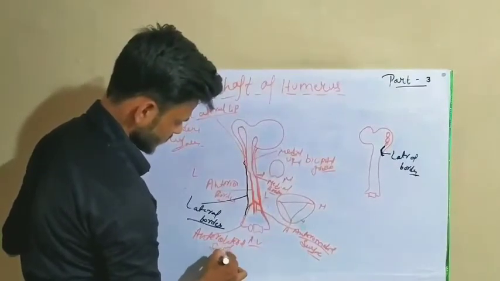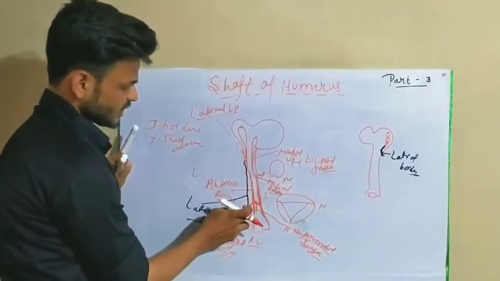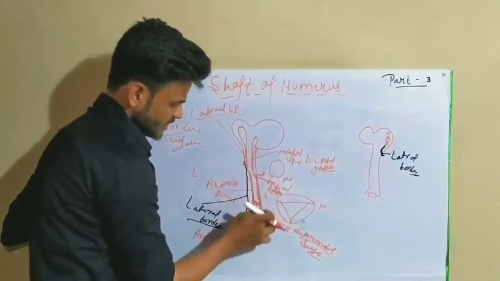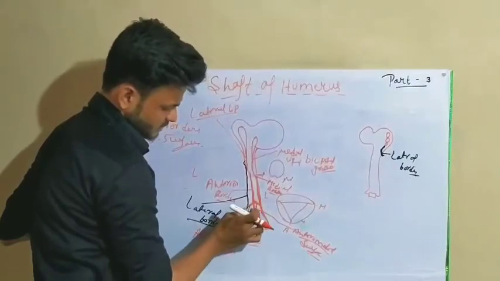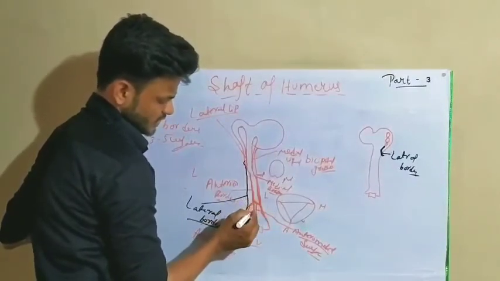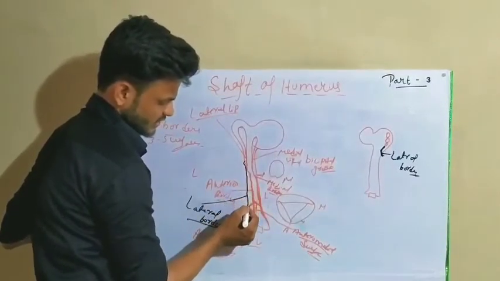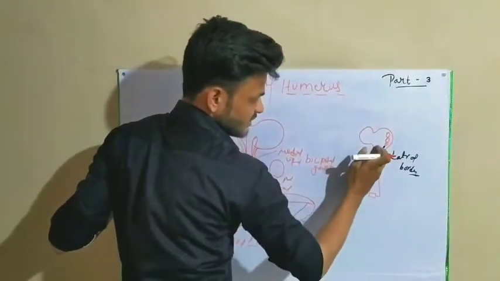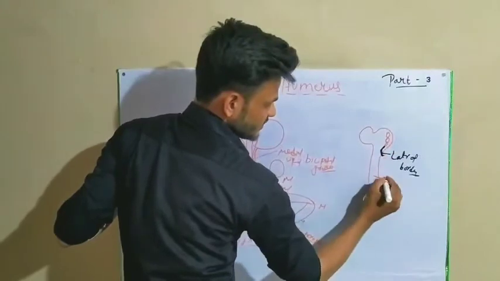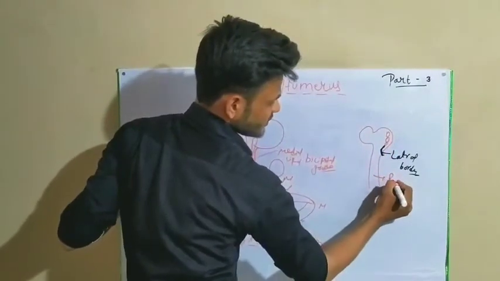Why is it called anterolateral? Because it is present in between two borders, the anterior border and the lateral border. Now on the posterior side there is no border. That's why it is called the posterior surface.